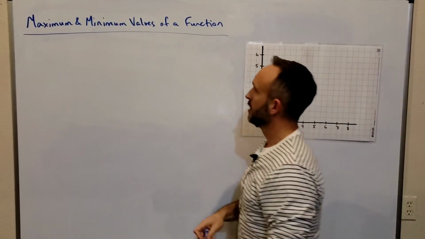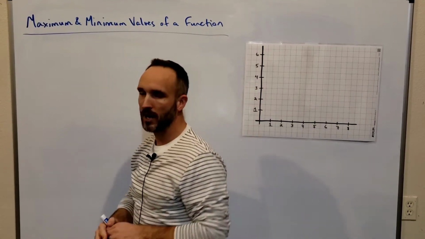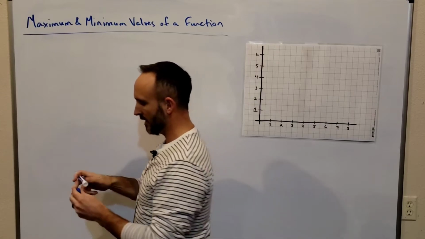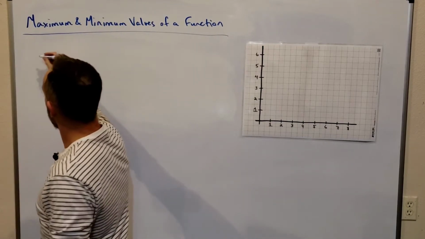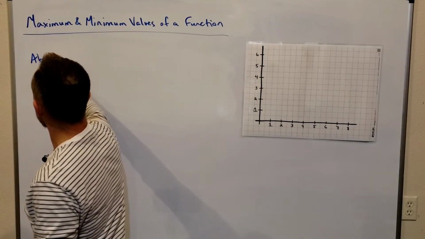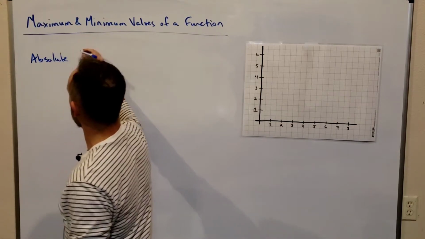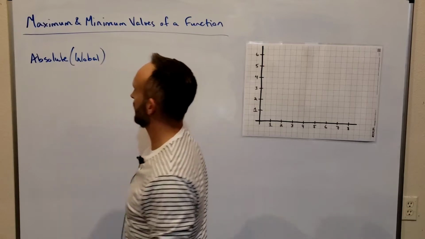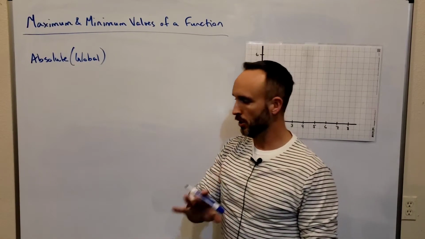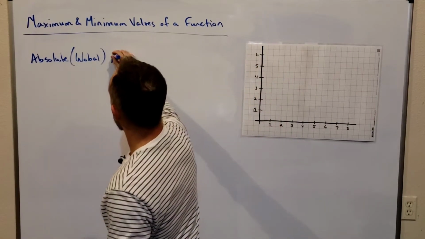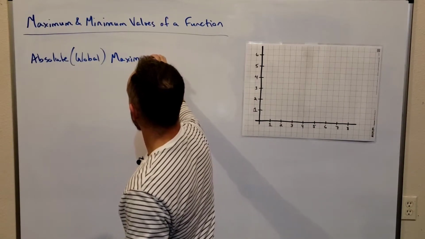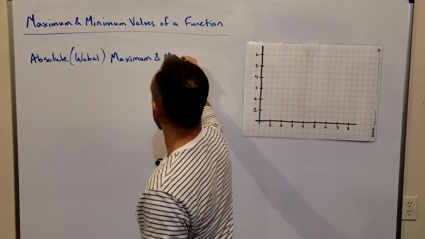Okay, so before we get to examples on the graphs, let's look at some definitions of maximum and minimum values. And let's start with what are called absolute, or global, maximum and minimum. Okay?